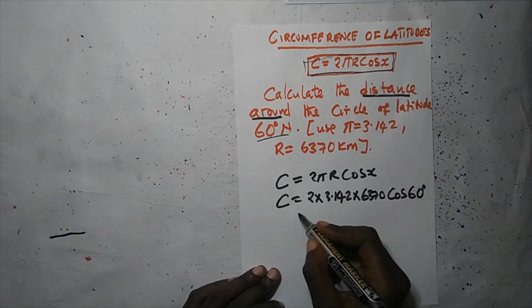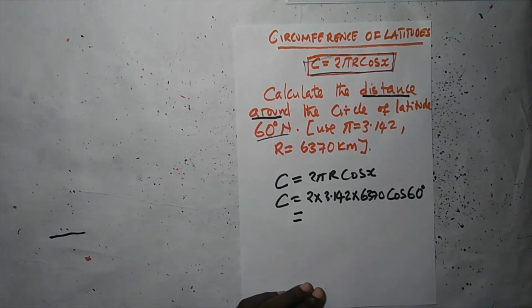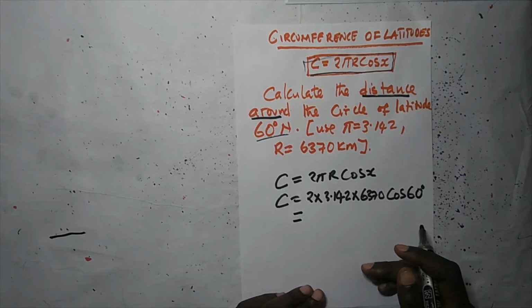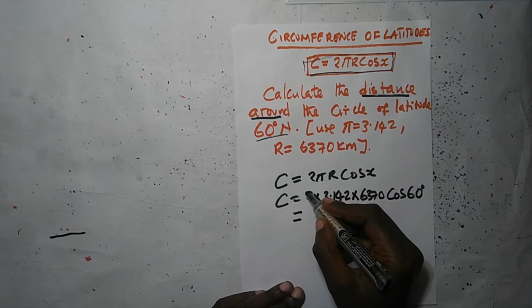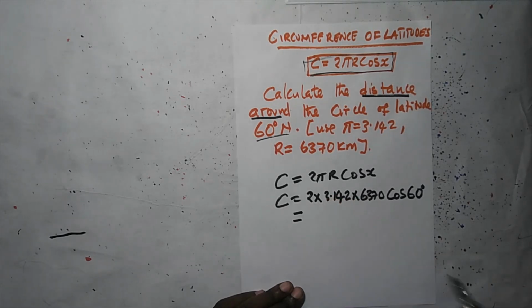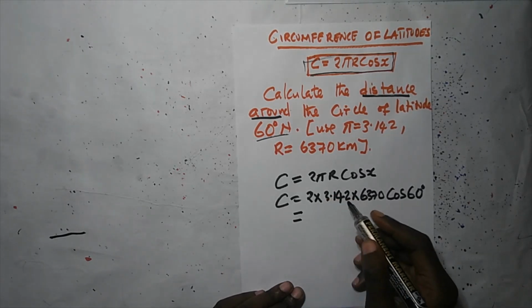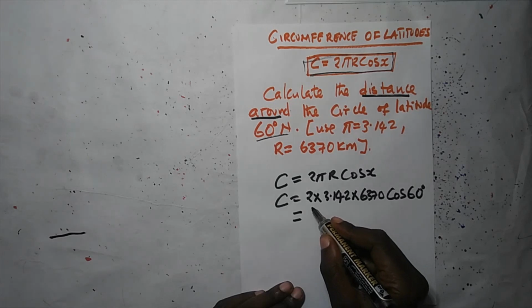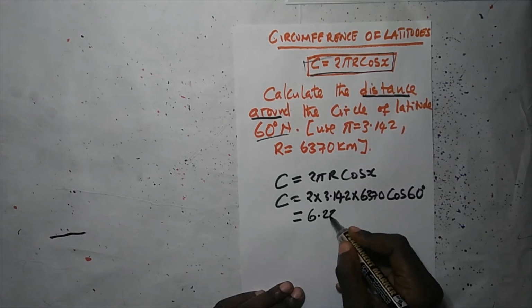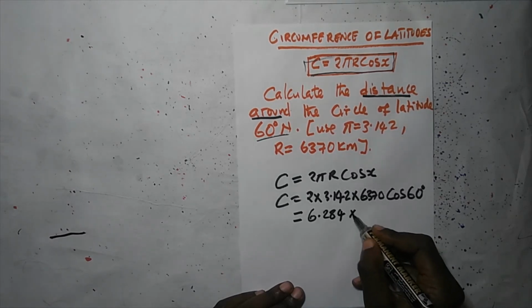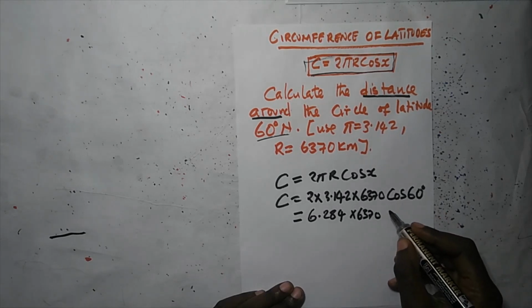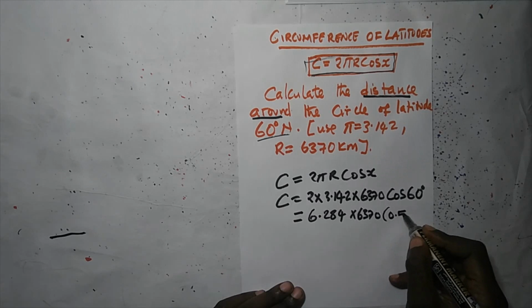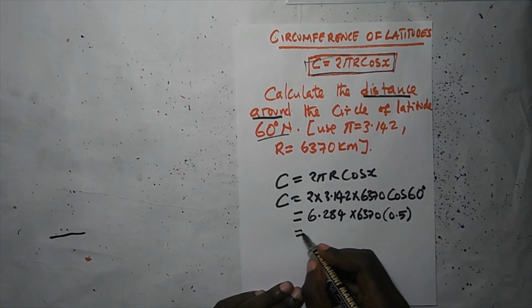Okay, so we are going to need our calculators now. When we multiply 2 times 3.142, we have 6.284, times 6370 cos 60, and cos 60 is 0.5, or half.